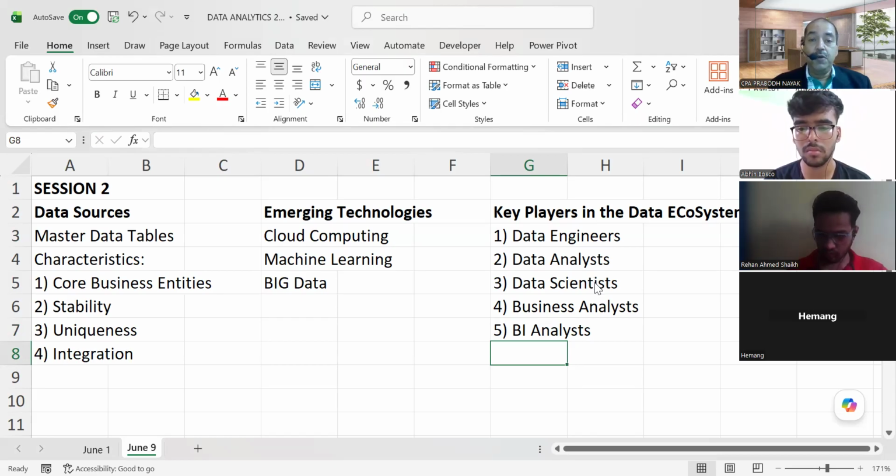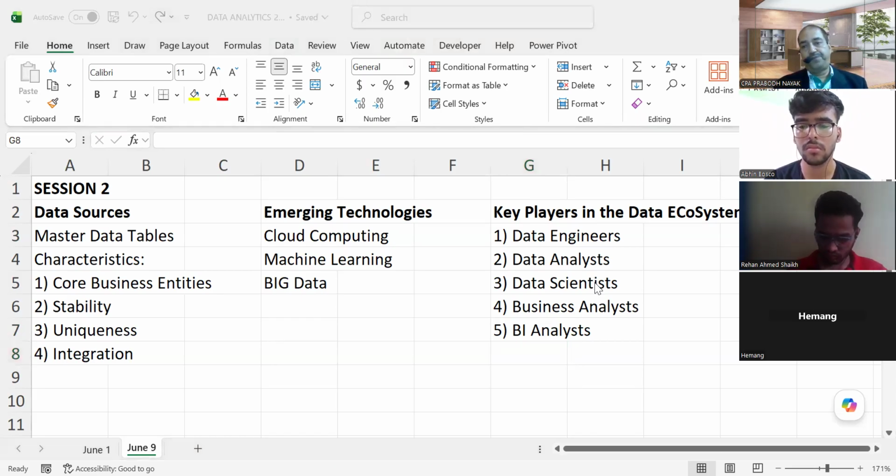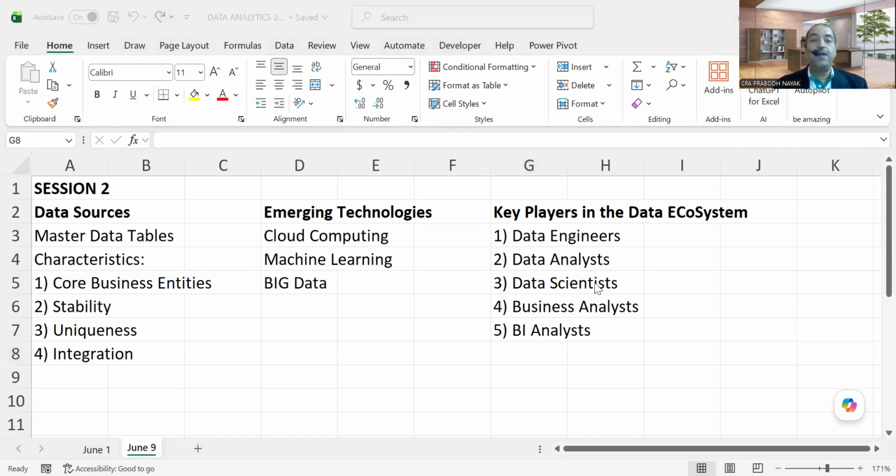Let us come to data scientists. Data scientists are required for what purpose? Data scientists are required for analyzing whatever data has been analyzed and insights have been given. Those insights will be checked for actionable purpose, and they will build machine learning or deep learning models.